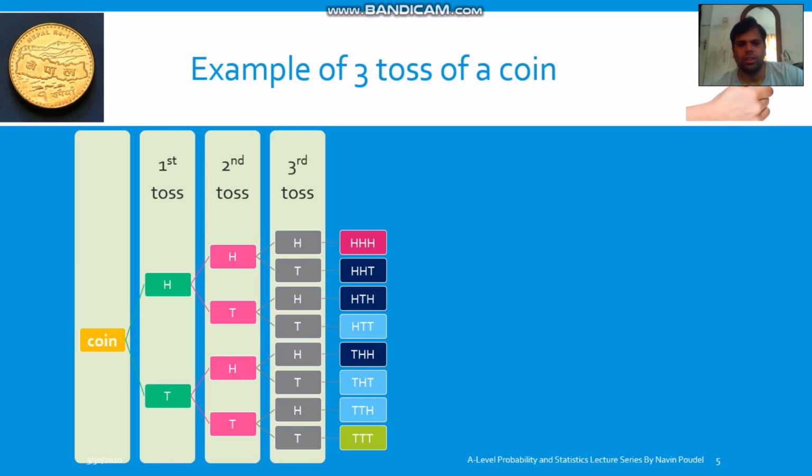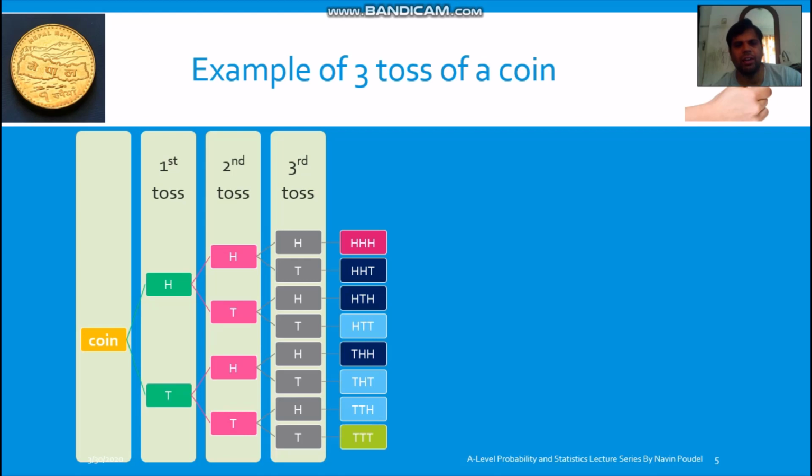In the first toss we have either head or tail, and in the second toss, whether we had head or tail in the first toss does not matter. It has the same probability, that is, it is independent. The second toss is independent of the first toss, and likewise the third toss is independent of the second. The probability of head and the probability of tail remain the same.